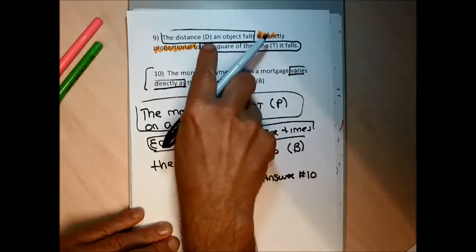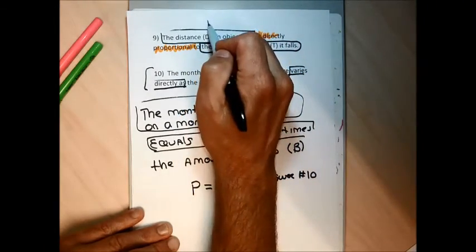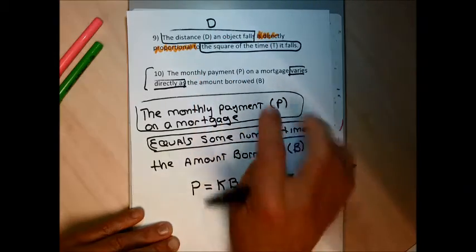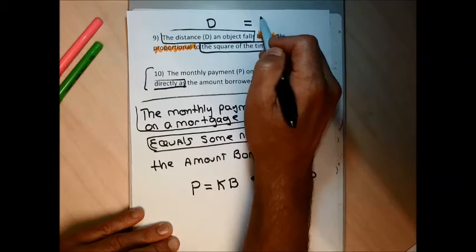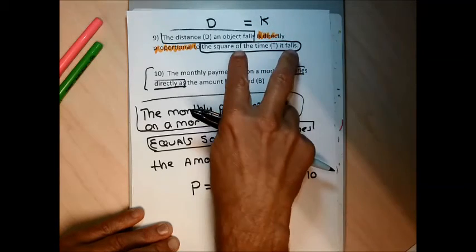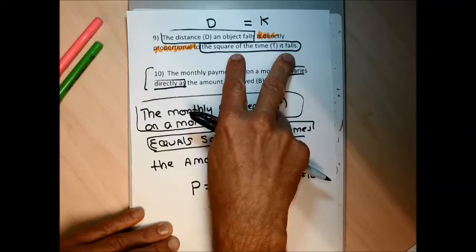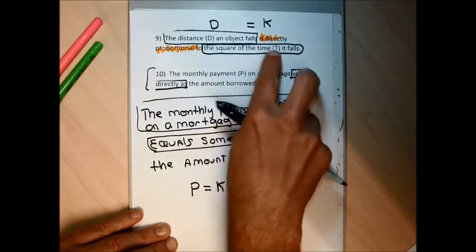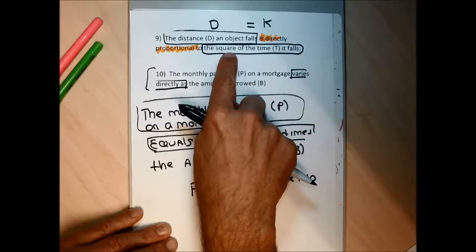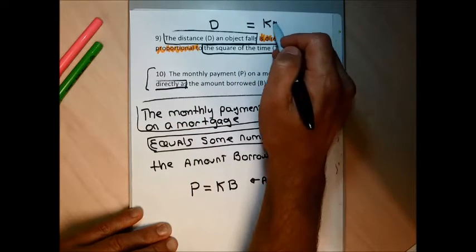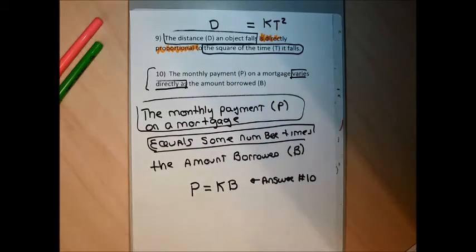From the first few words, you're just going to gather out the word D. For the is directly proportional to, you're going to get an E and a K. And for the last part, for the square of the time that it falls, you're going to get the letter T, and preceding the letter T is a word that implies an exponent of 2. So I kind of snuck in an answer to your problem 9, just in case you weren't sure how to go about doing it.